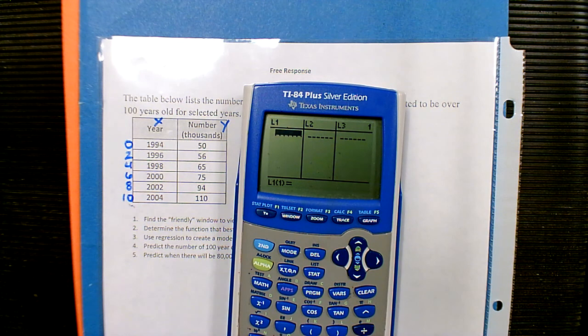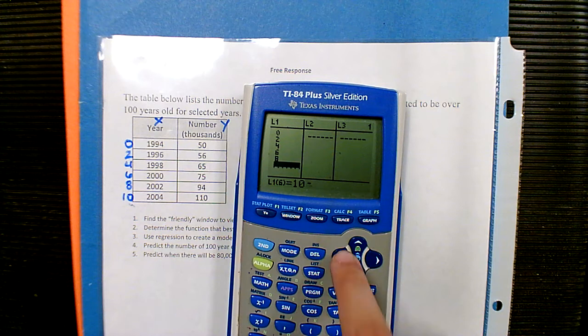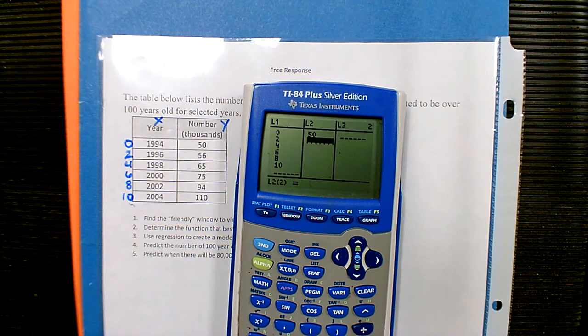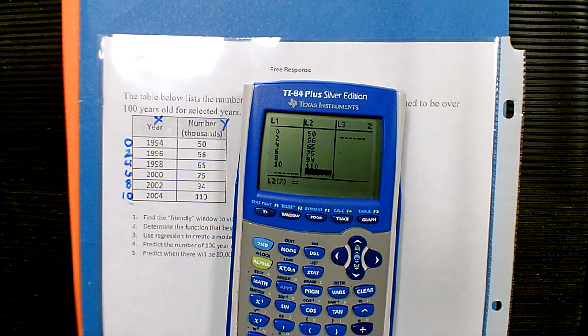Okay, so let's go ahead and type in our numbers. We're not going to type in the years. We're going to type in our abbreviations for the years, the 0, the 2, and so on. Next comes the people. All right.